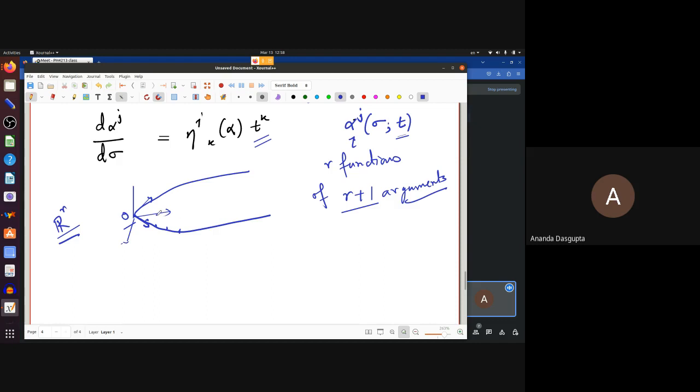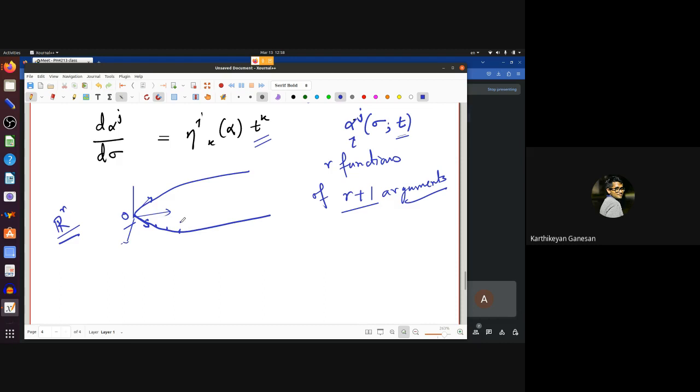Each of these group elements satisfies alpha sigma into alpha tau is alpha sigma plus tau.